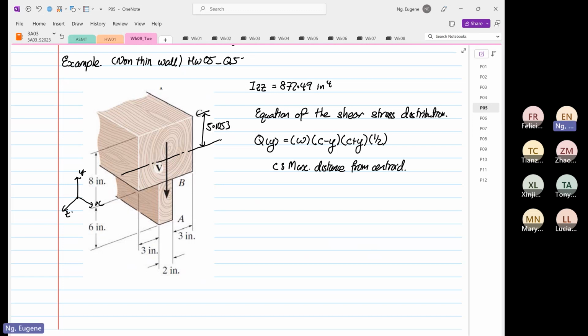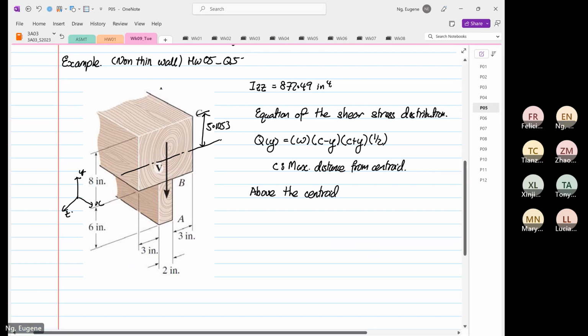As I said, the first moment of area is the most difficult. So we are going to consider above the centroid, where now the thickness is 8 inches.